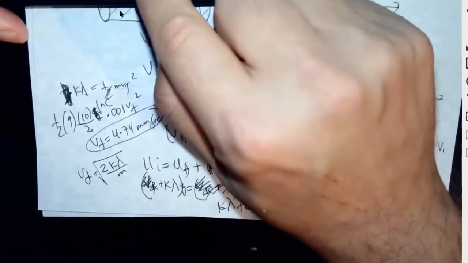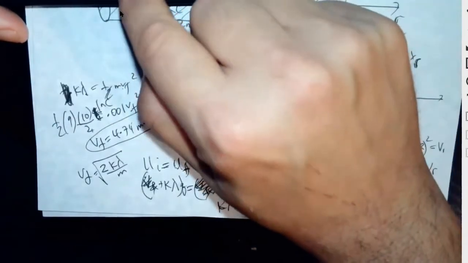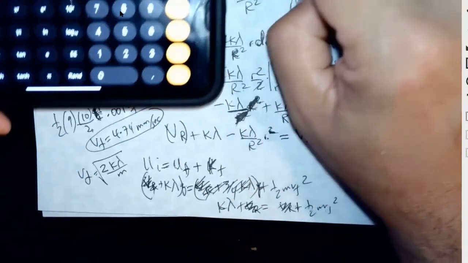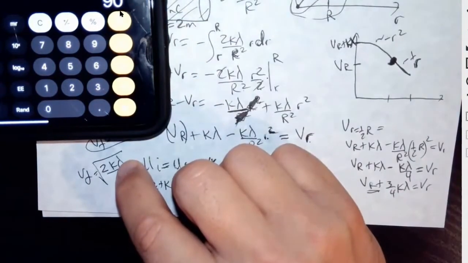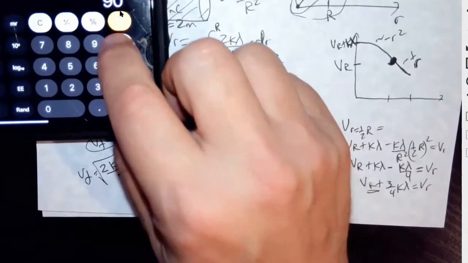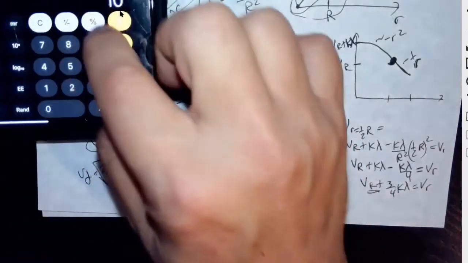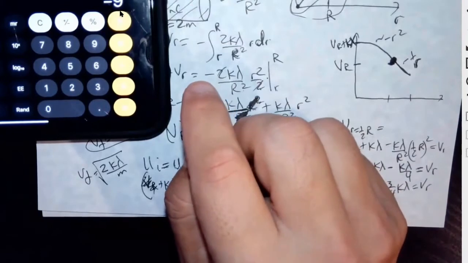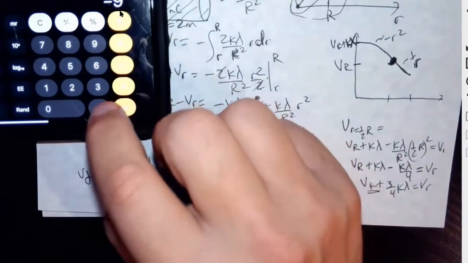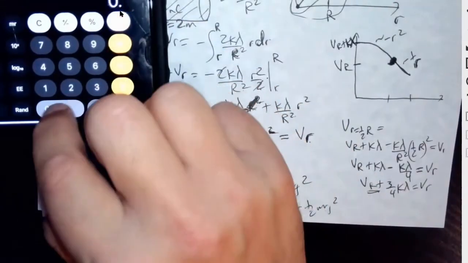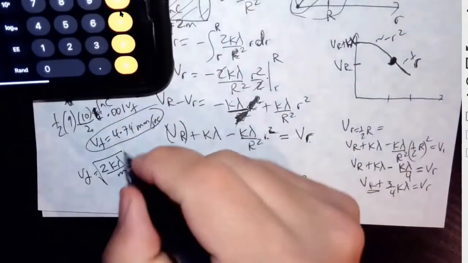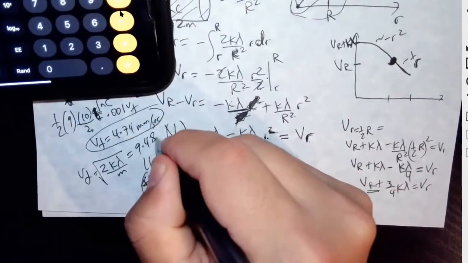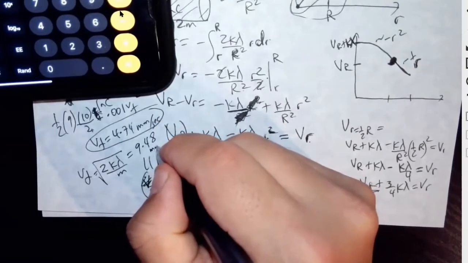When you reach the surface, 2 times 9 times 10 to the 9, divided by 2, and because this is charge over length, times 10 to the power negative 9, divided by 0.01, the square root. 9.48 millimeters per second.